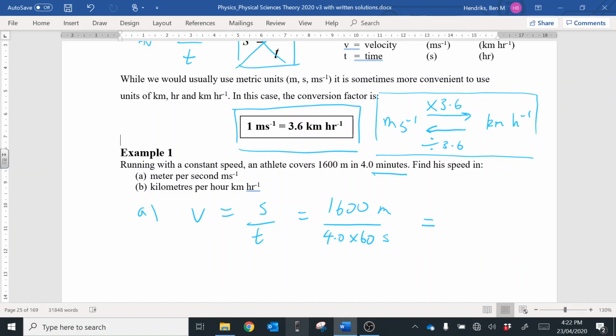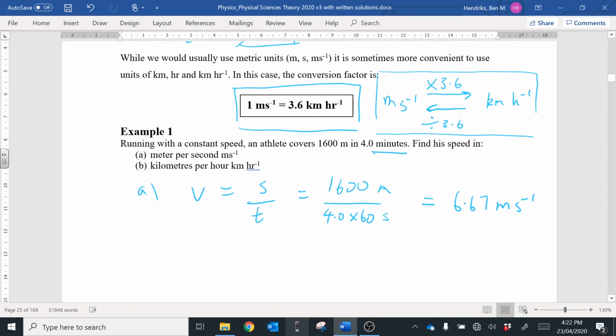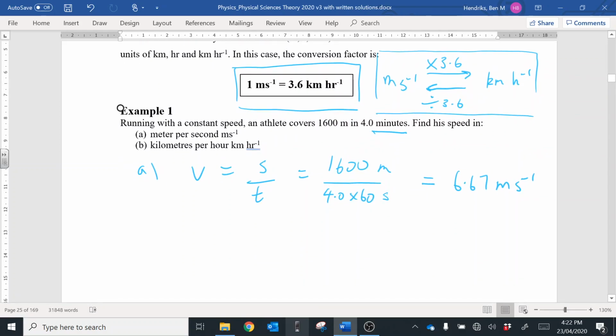So that ends up being 1600 over 240, which is equal to 6.67 meters per second to 3 significant figures. Now, just using our conversion up here, we have it in meters per second, and we want to go to kilometers per hour. So we're going to times it by 3.6.